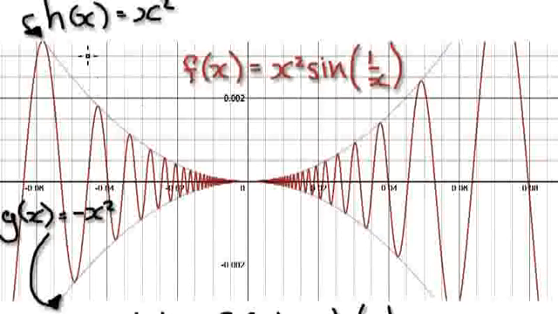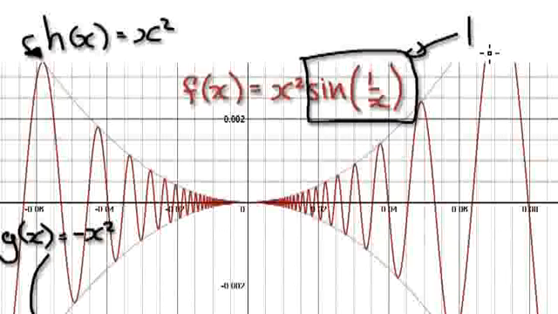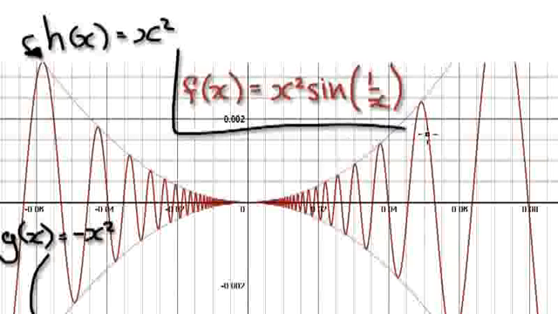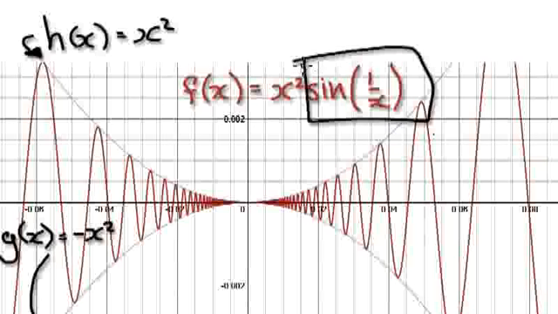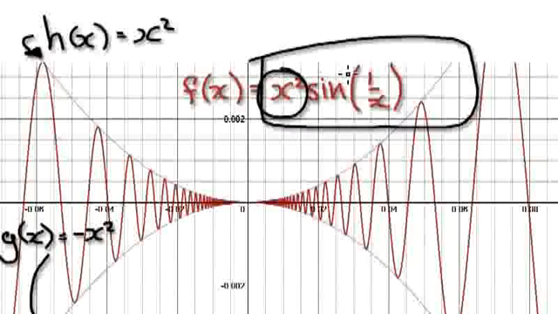The point here is that the highest value that this thing here could be is 1. So if you look at the highest value this whole function could be, this part is at most 1. So if you get 1 times x squared, the highest value this whole thing could be is x squared.